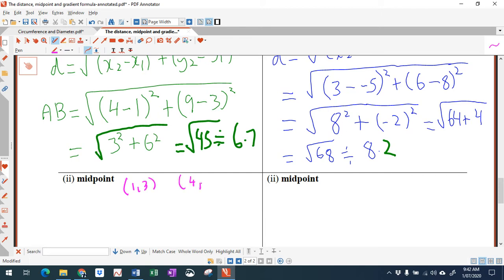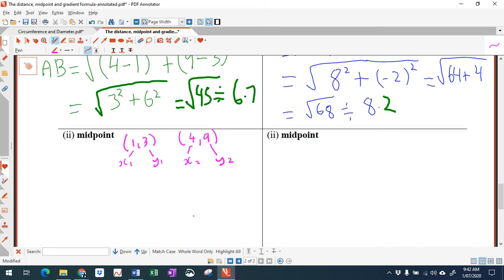And you've got to find the midpoint of the interval joining those 2 points. Okay, so what you're going to do is tag these numbers. So that's x1, that's y1. This is x2, and this is y2.